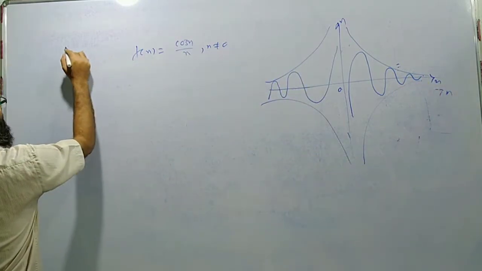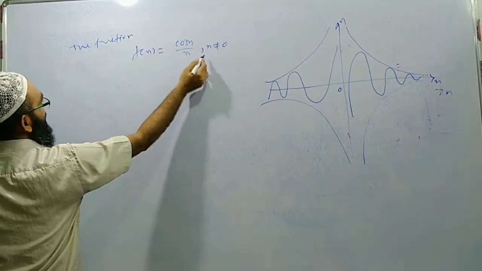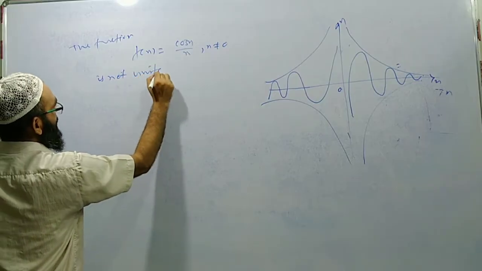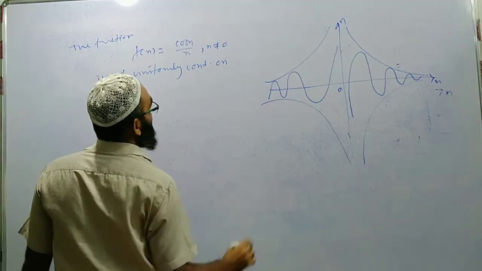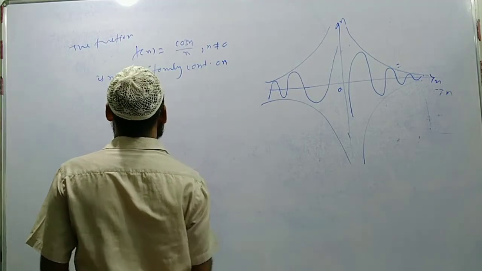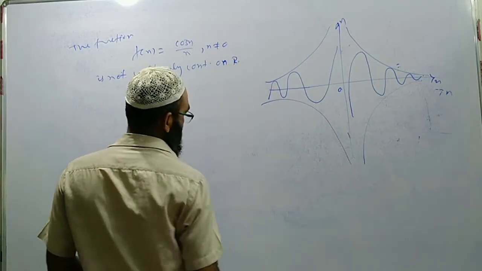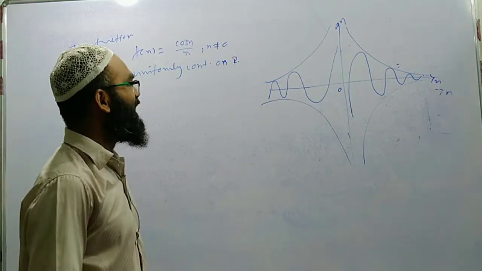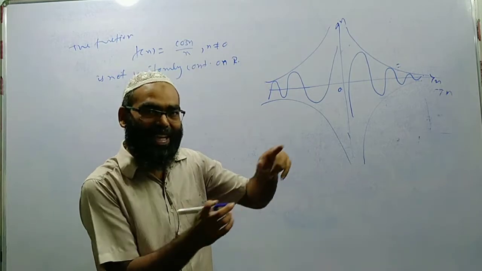Next example, the function f(x) equal to this is not uniformly continuous on R. Here the function is not oscillating, it is fluctuating.